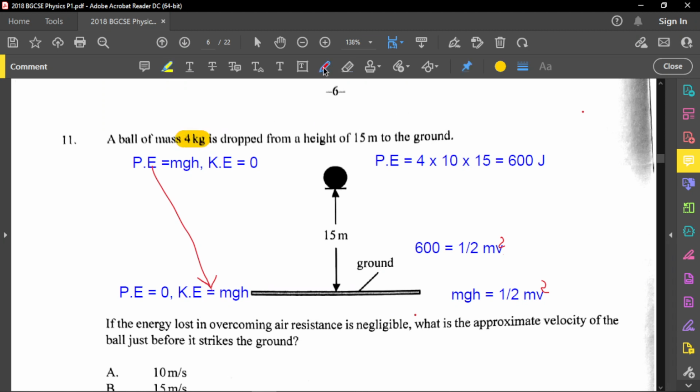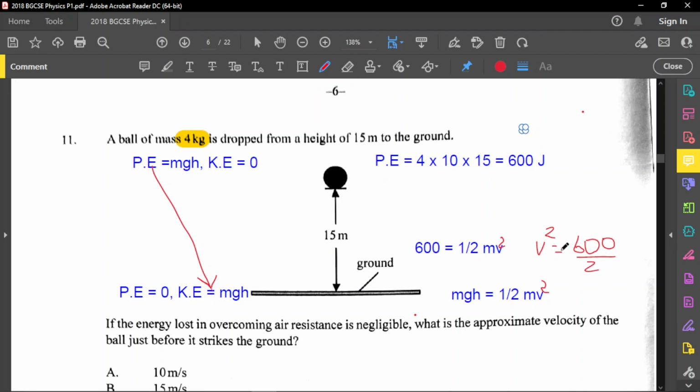All right, so let's plug that into the formula. V squared is equal to 600 divided by half of the mass, and half of the mass is 2.